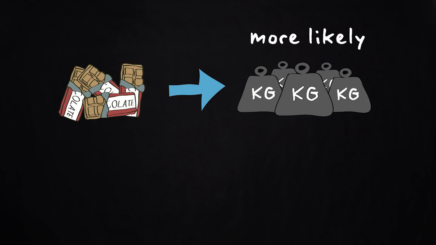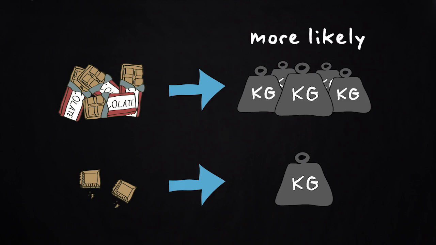These percentages show that those who eat more chocolate are also more likely to weigh more, and those who eat less chocolate are also more likely to weigh less. In other words, the percentages show that there is a correlation between chocolate consumption and body weight.